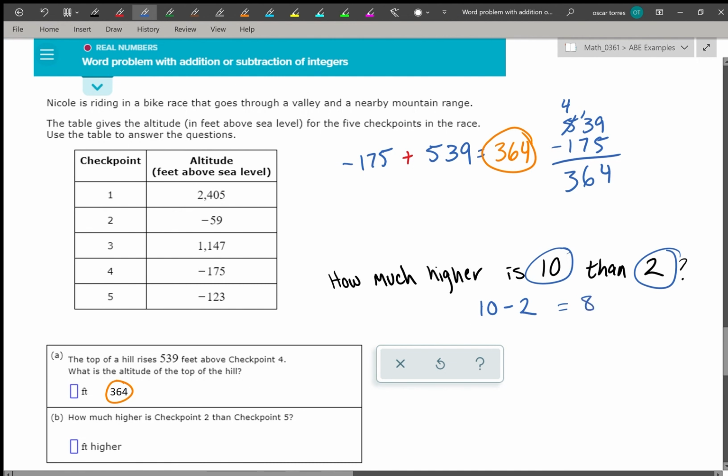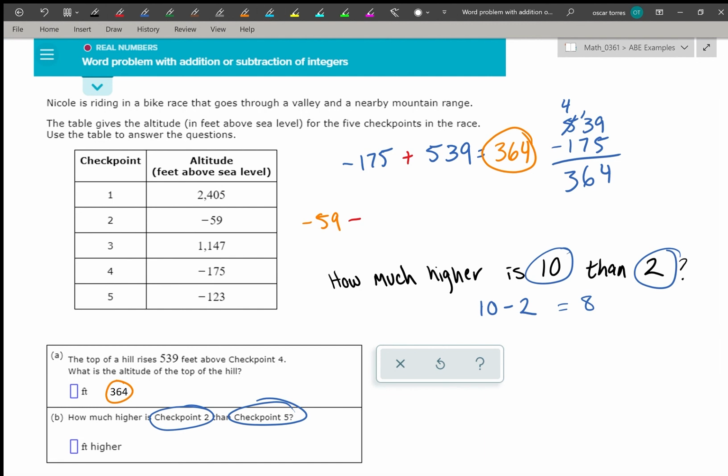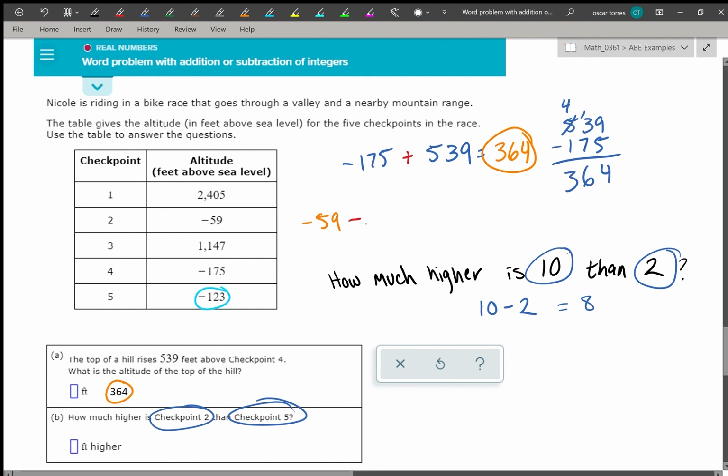So unlike some of the previous problems, for this problem, how much higher is checkpoint 2 than checkpoint 5, we're going to keep the order of those checkpoints. We're not going to flip them around, but we're still subtracting the values. So our expression would become checkpoint 2, which is -59, minus whatever checkpoint 5 is. And checkpoint 5 is negative 123.